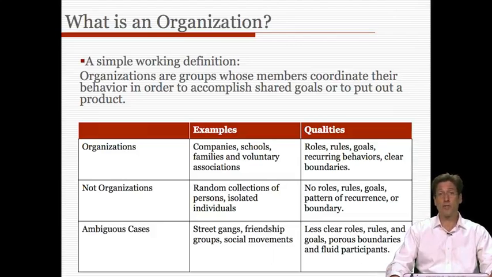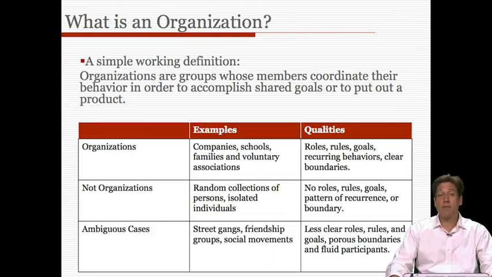Examples that aren't an organization seem to fall short of this definition. Random collections of persons or isolated individuals that have no roles, no rules, no goals, nor even patterns of recurrence in their behavior, or even a boundary to where that group begins and ends, lack the definition of an organization.